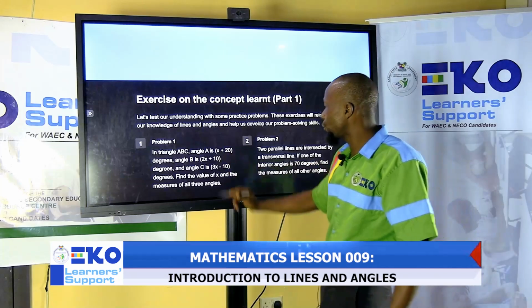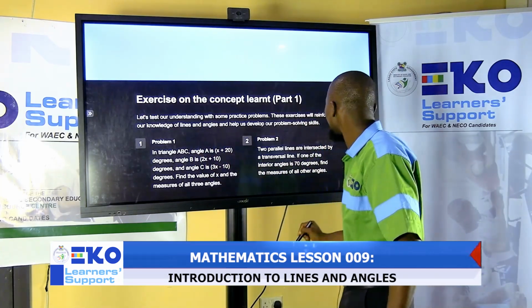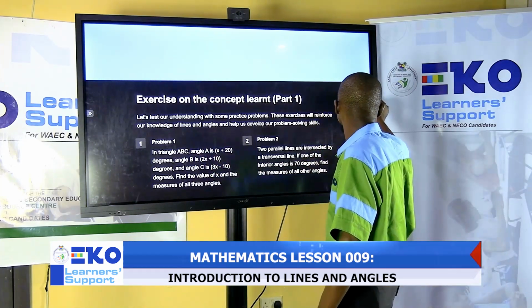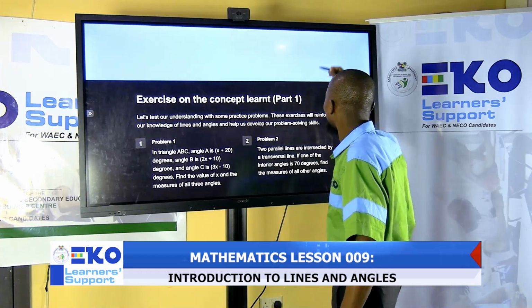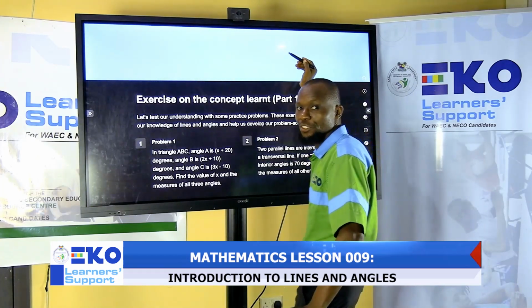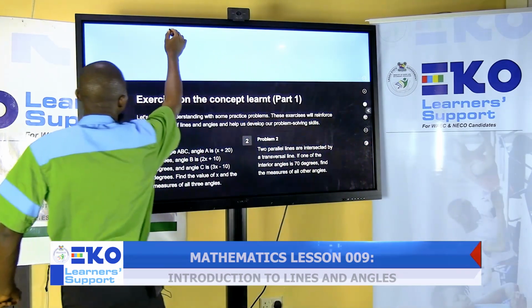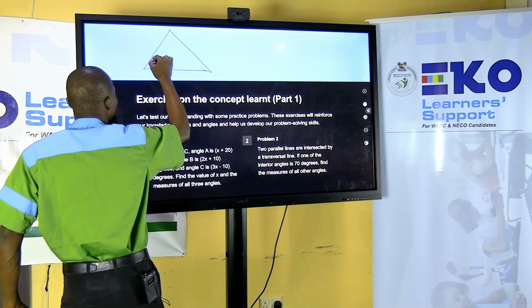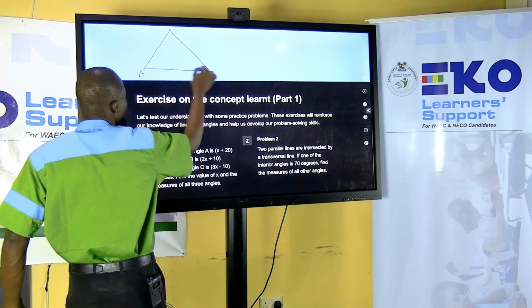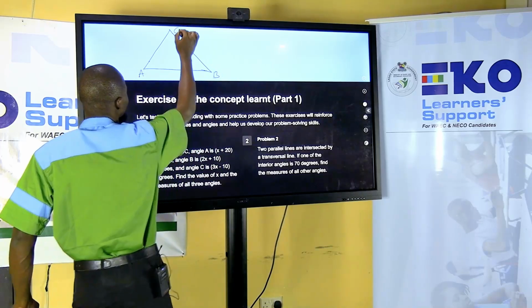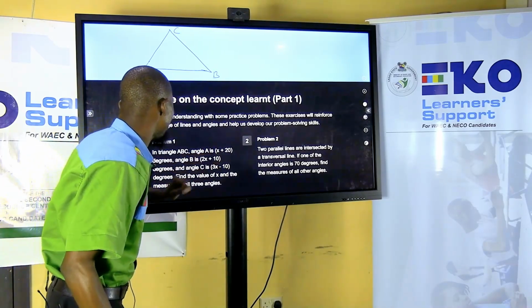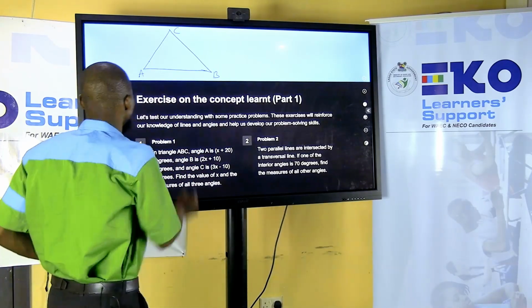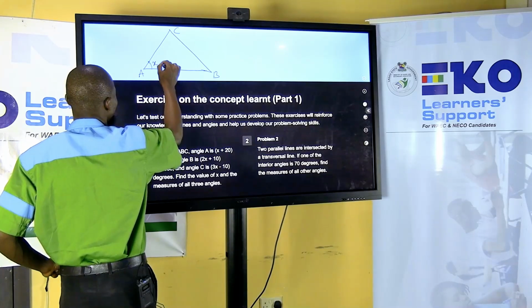Okay, this is the first one. In a triangle ABC, angle A is x plus 20.